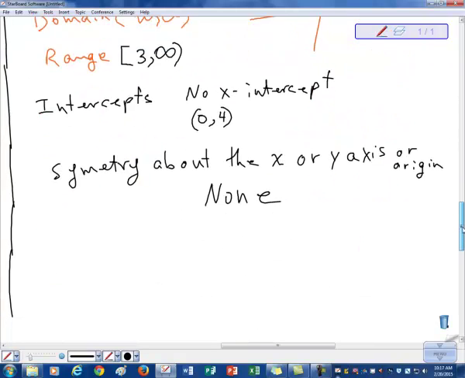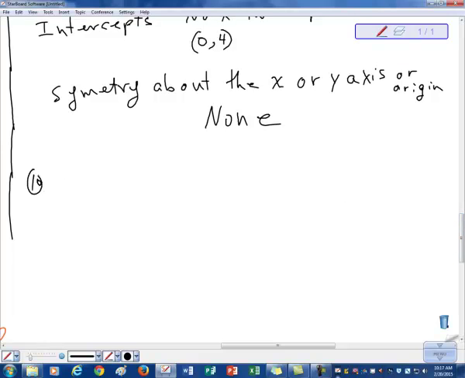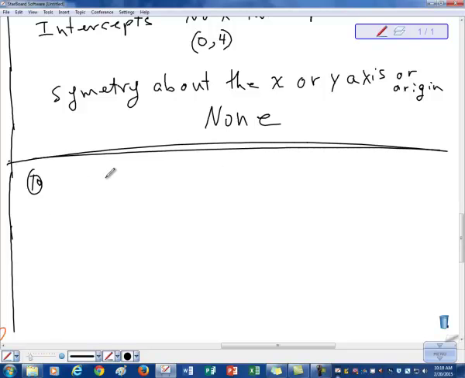Next one, problem 10. Let's say we have a problem such as x plus y equals 3, and actually let's use 4, and y equals x squared minus 2.